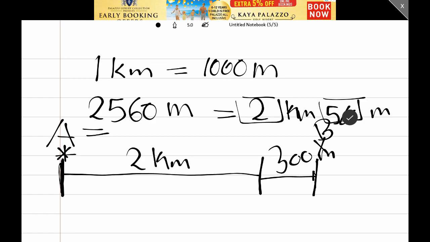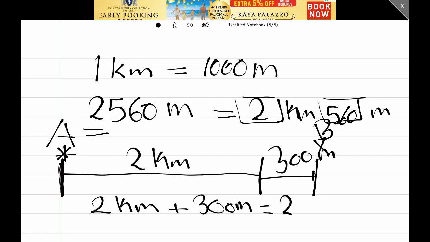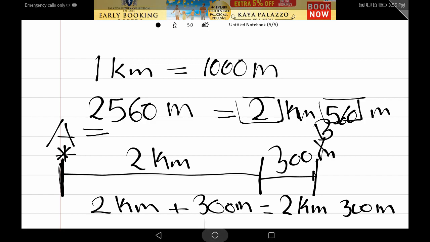Well, we should add 2 kilometers plus 300 meters. And can we add kilometers to meters? For sure, no. Here, 300 meters are not a kilometer yet, so we just write them like this: 2 kilometers, 300 meters. Okay?